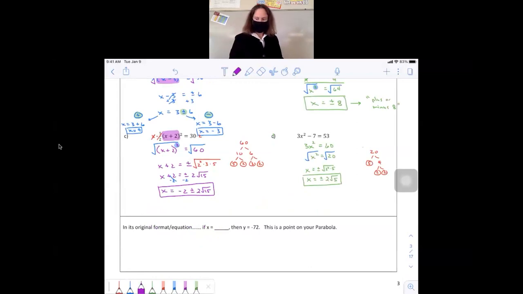Leave that as your final answer, because the last time, for example, A, we could break it up into 2 parts because they were whole numbers. Now I still have that radical. I can't simplify it anymore, so I'm just going to leave it. Okay? And then just know that in the original format, if x is equal to 9, for example, and y is equal to negative 72, that's just a point on your parabola. It's like your t-table.